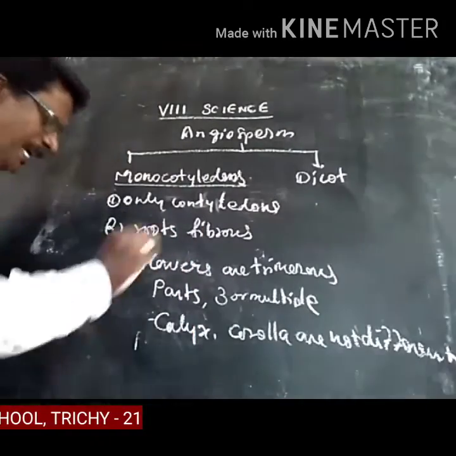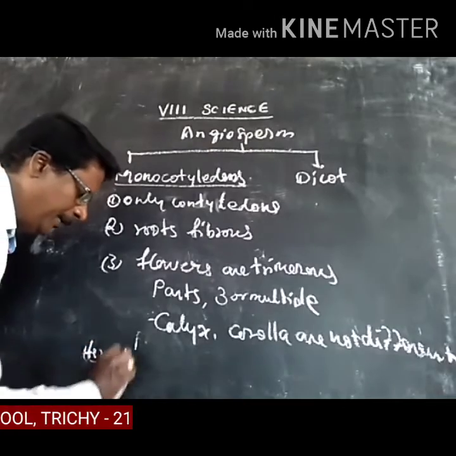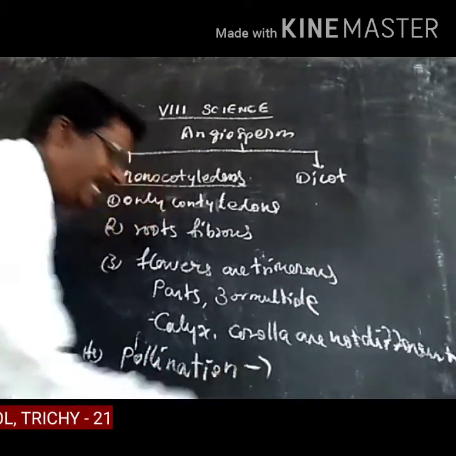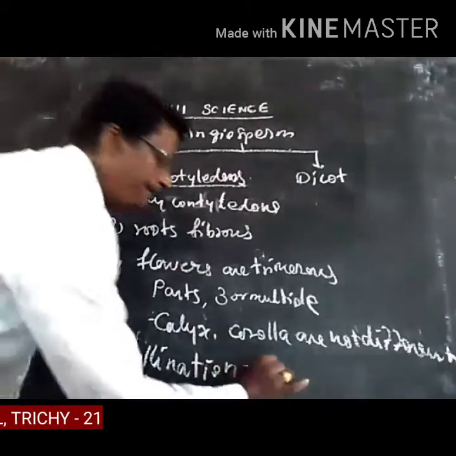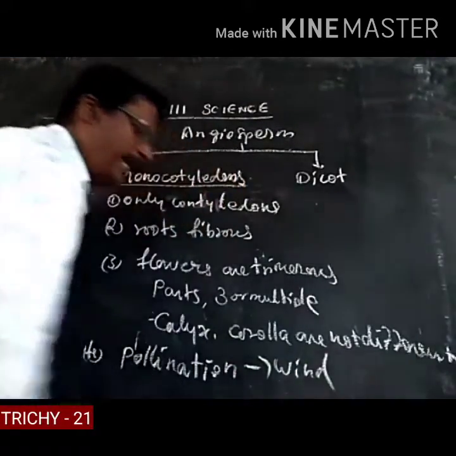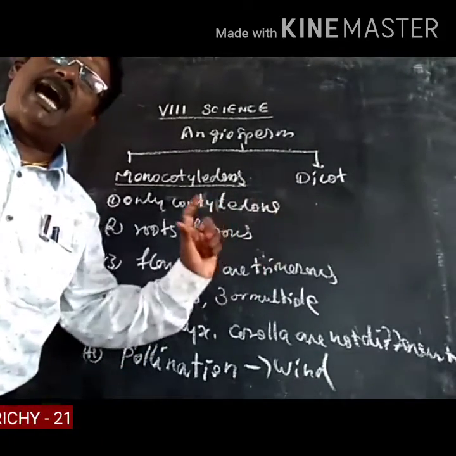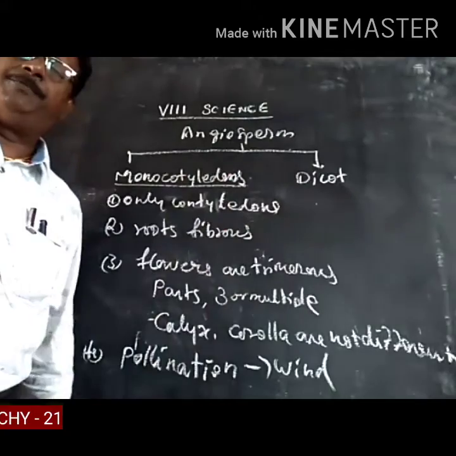Then, fourth, pollination. Mostly it occurs by wind. It is called an anemophilous plant.